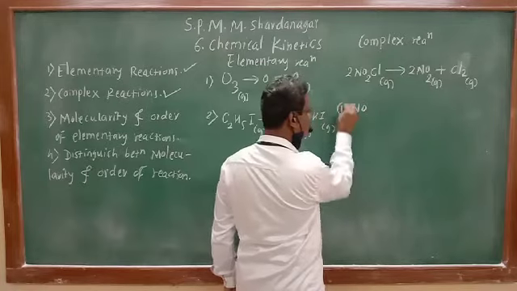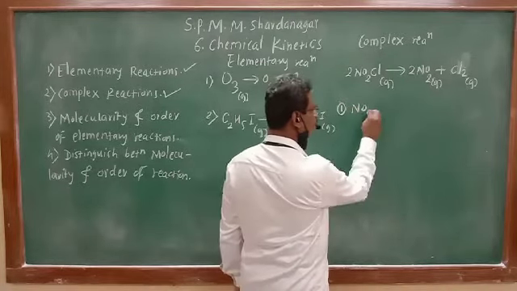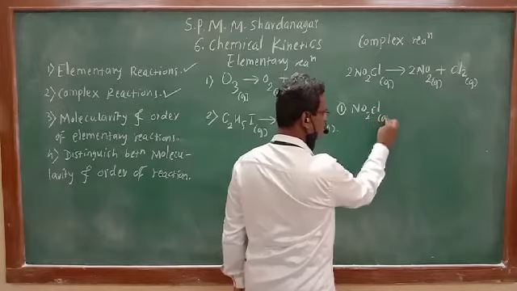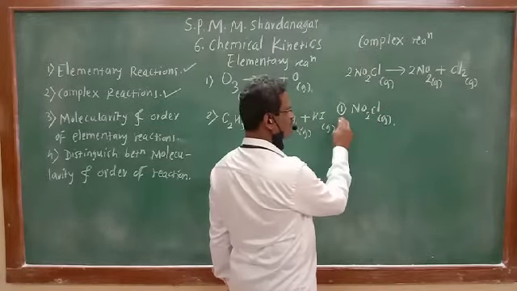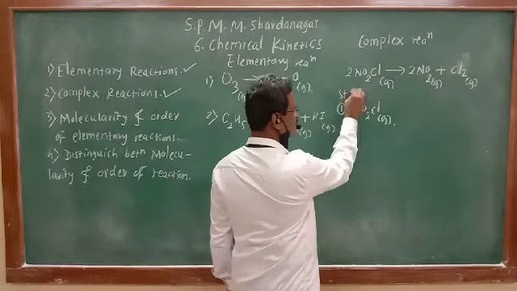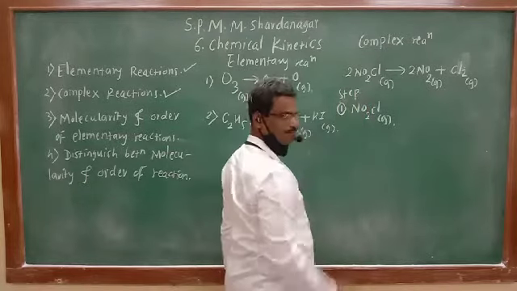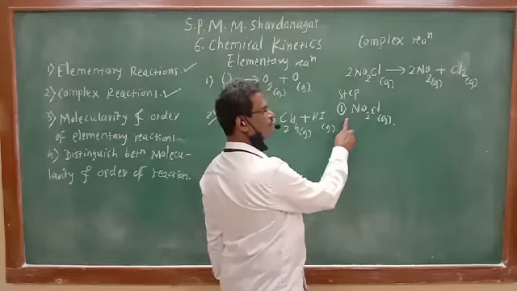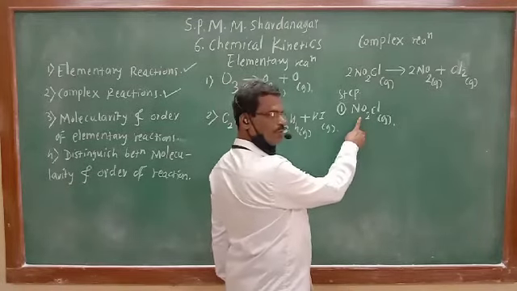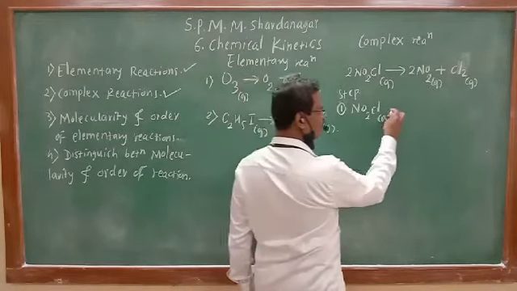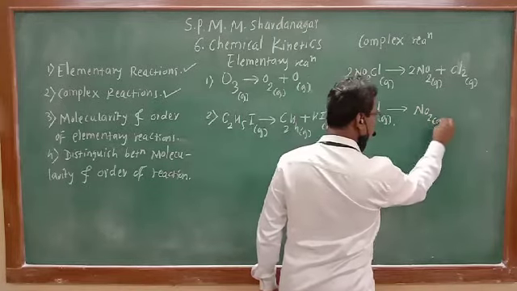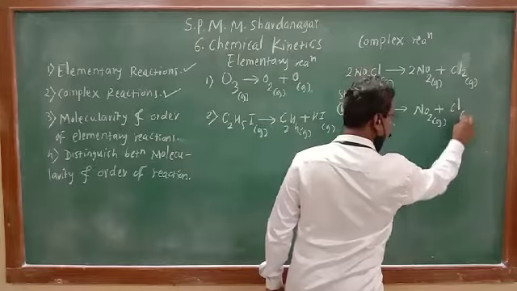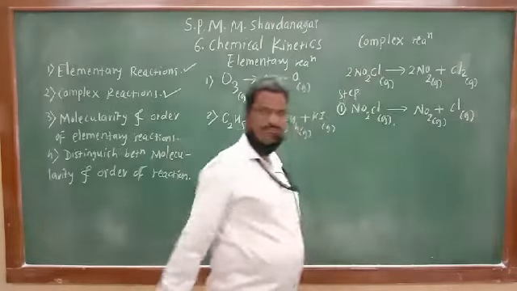NO2Cl in the first step. Here I am writing the first step. Step number 1. In the first step, only 1 molecule of NO2Cl is involved and it is producing NO2 gas plus Cl gas.